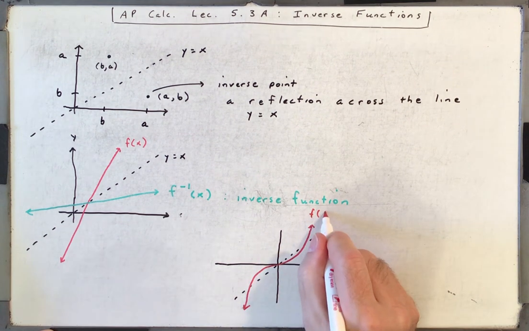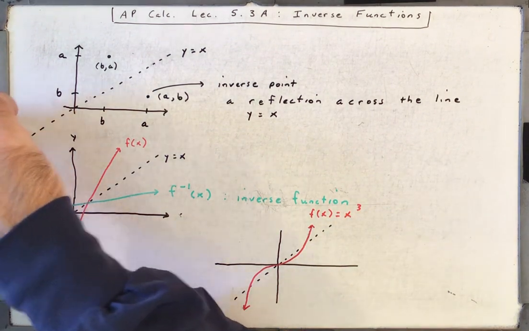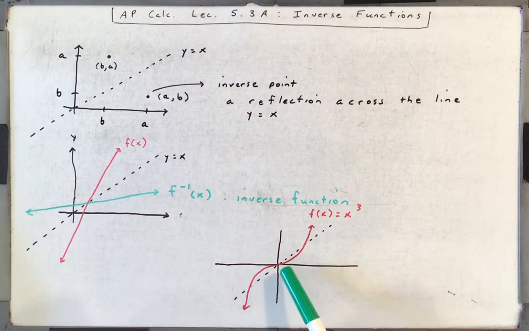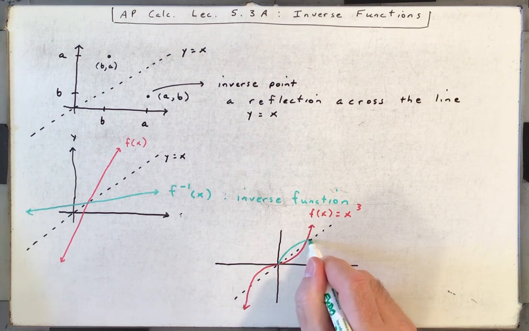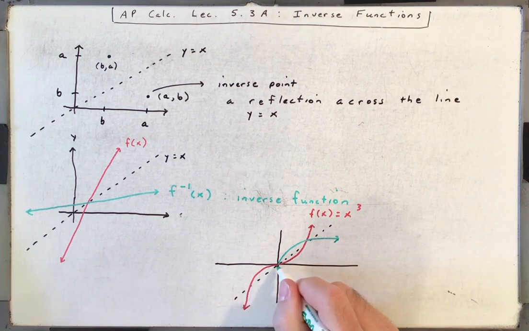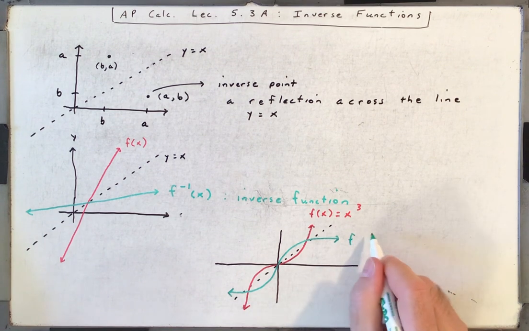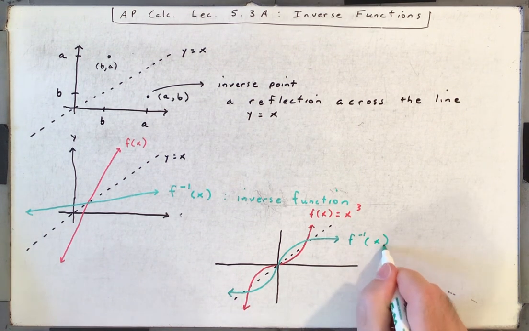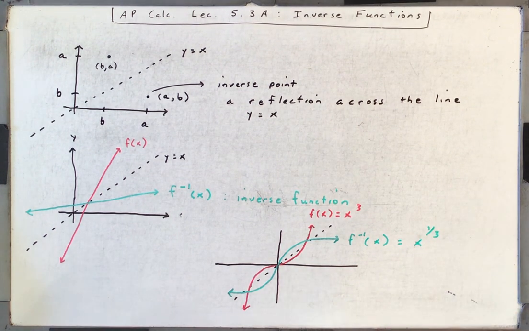So that's f of x equals x cubed. Our inverse function, if you were to map the reflection points, fold across the line y equals x, if you painted that, the inverse function would look something like this. And that's going to be x to the 1/3. All right, so just to give you an idea what inverse functions look like graphically.